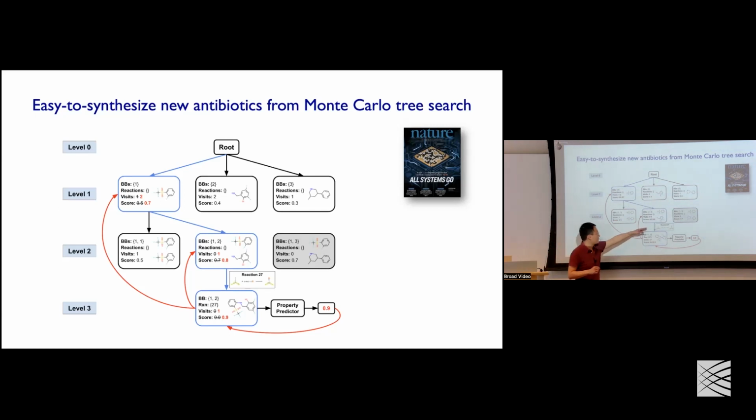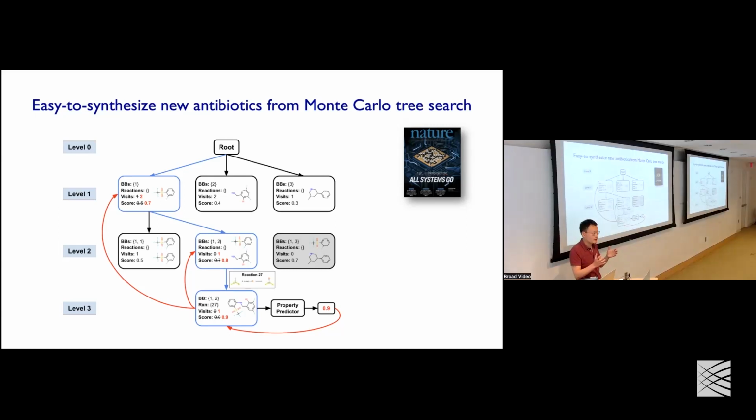Each reaction applied to a set of fragments produces an outcome, a more complex molecule. Not all reactions are compatible with different fragments, so not all parts of this tree are accessible. But we can build that into the tree search so that it explores only parts of the space where we know we are generating valid molecules.